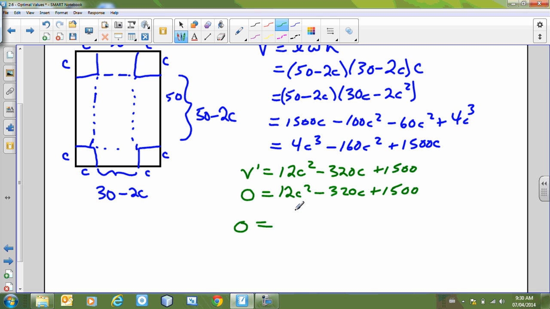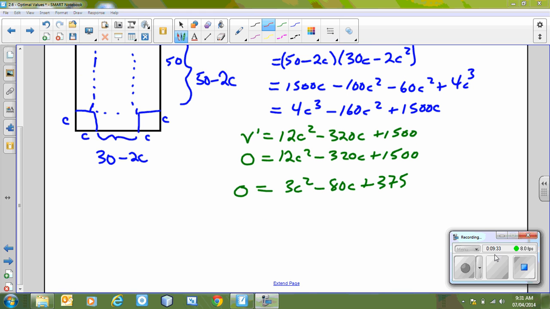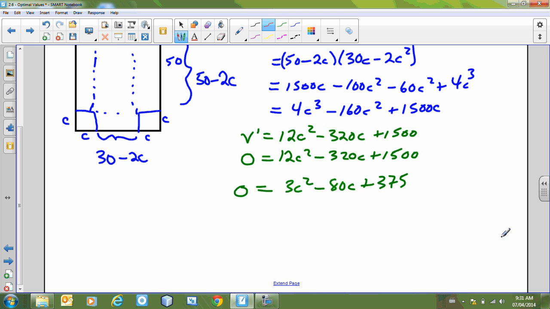This is not divisible by 12. Everything's divisible by 4. I'll have 3C squared minus 80C plus 375. And so I'm looking for two numbers to multiply to... let's go ahead and keep going.